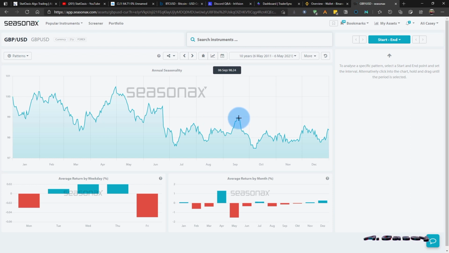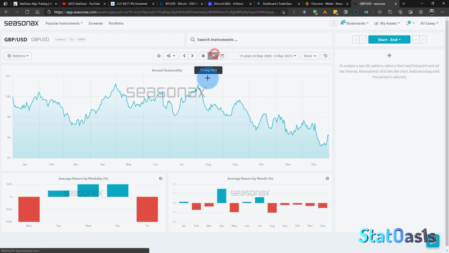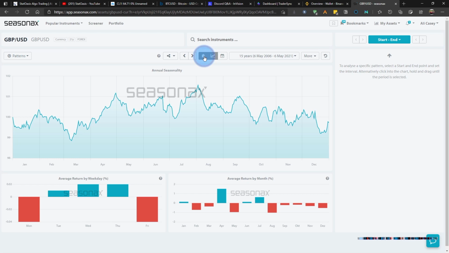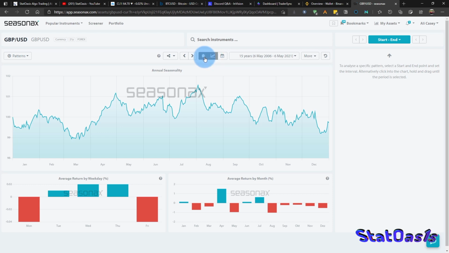If you look at this pair, let's pick 15 years and let's detrend, and then you can take the last move, so it looks better. Of course, it still keeps it in the calculation. It's just visually a better representation, just a visual representation.